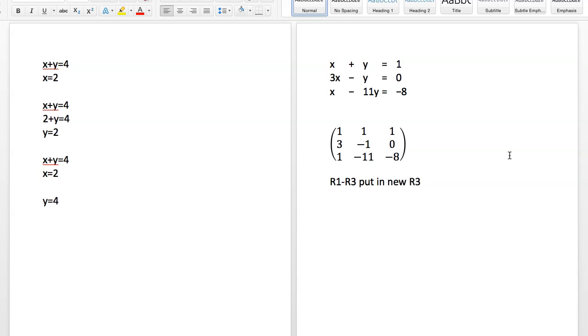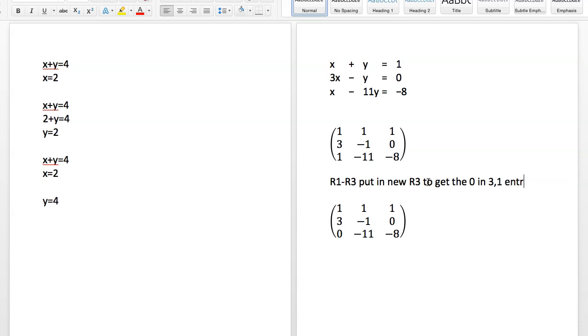And what else do I want to do? So let's just go ahead and do that. Row 1 minus row 3 and put it in the new row 3. So I want to get that 0 there, right? To get the 0 in the 3, 1 entry.